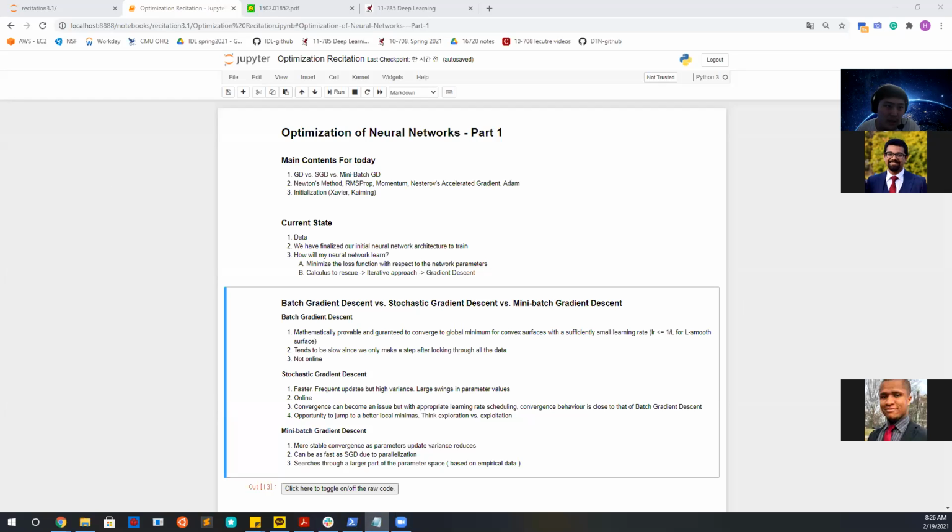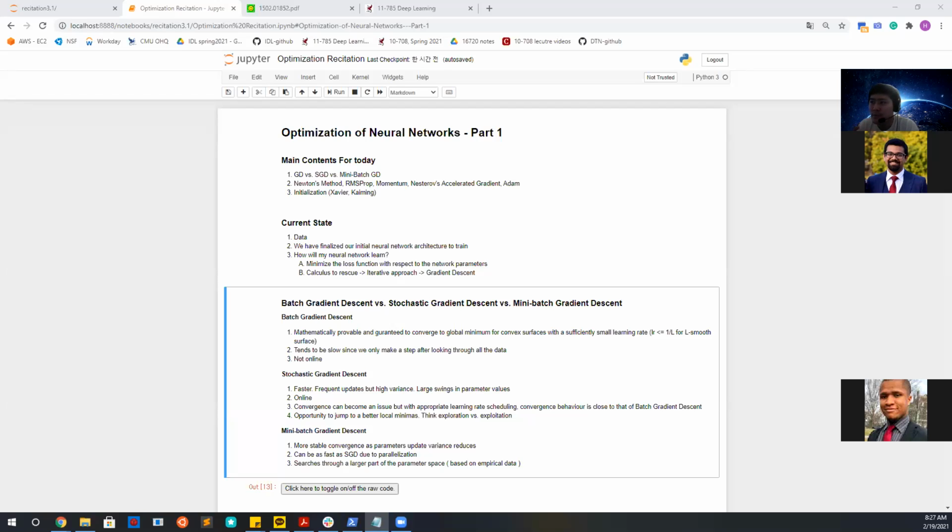For the first part, I'll be talking about optimizers and initialization methods. In the second part, Shentong will talk about other strategies that will be useful for optimizing your neural network. The main contents for today: first we're going to talk about gradient descent, stochastic gradient descent, and mini batch gradient descent.